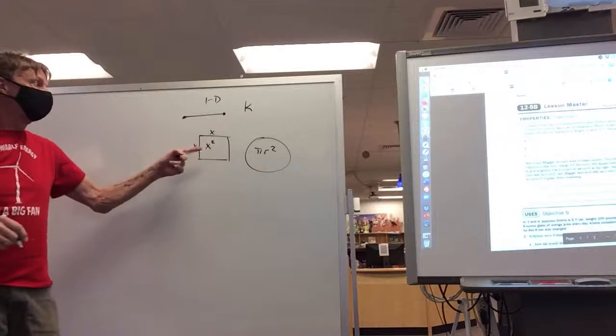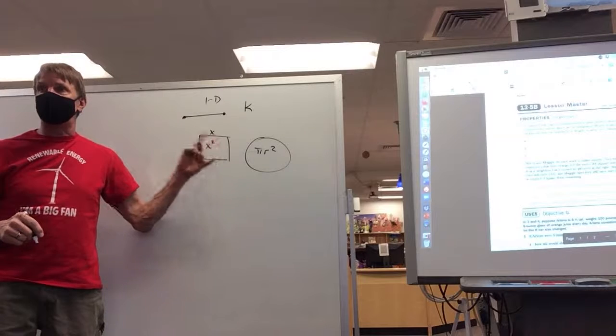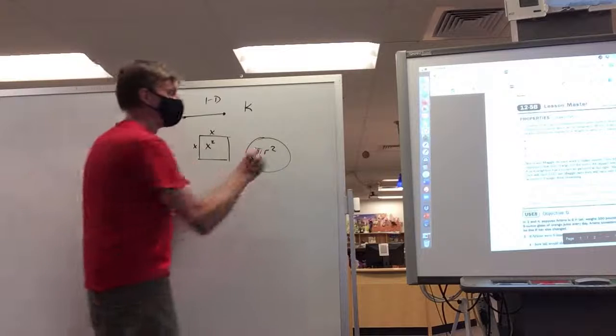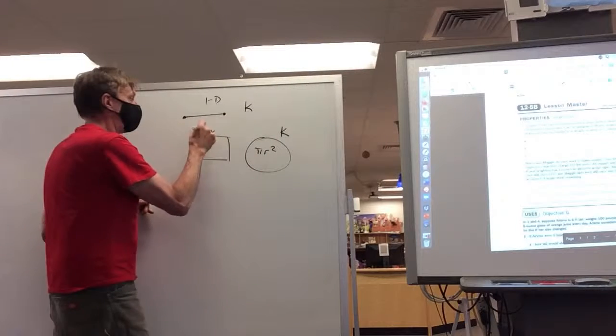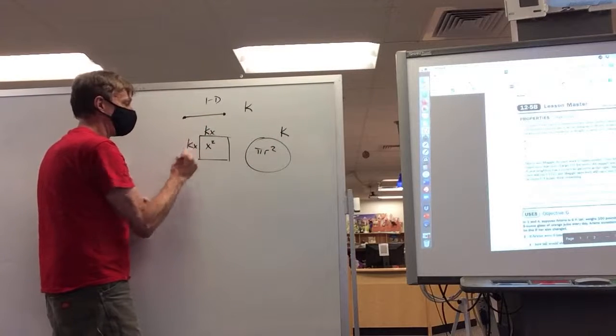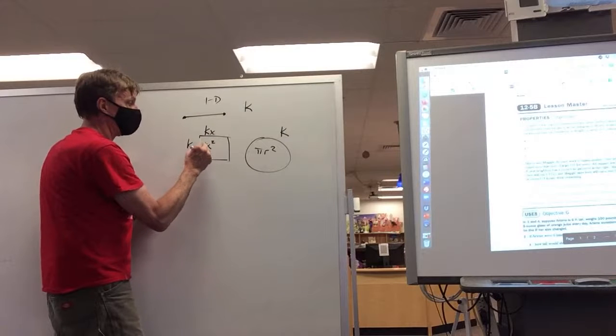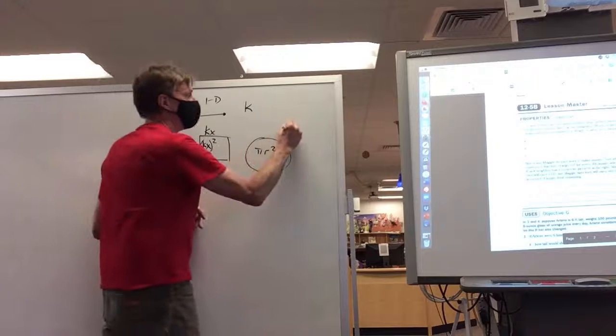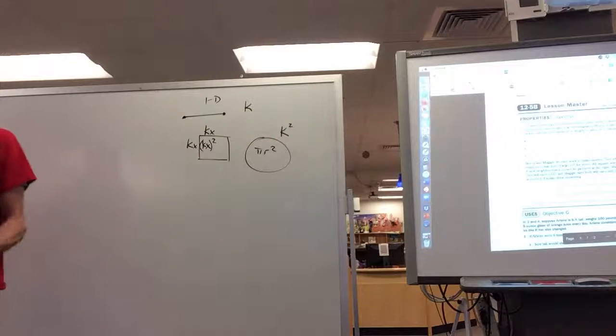So if we say we're going to double these dimensions with the number k, we gotta multiply that one by k, we gotta multiply that one by k, so then it ends up being kx squared. So we have to use a size change factor that's squared when we're talking about area. Are we okay with that one? Yeah. You guys okay with that one?